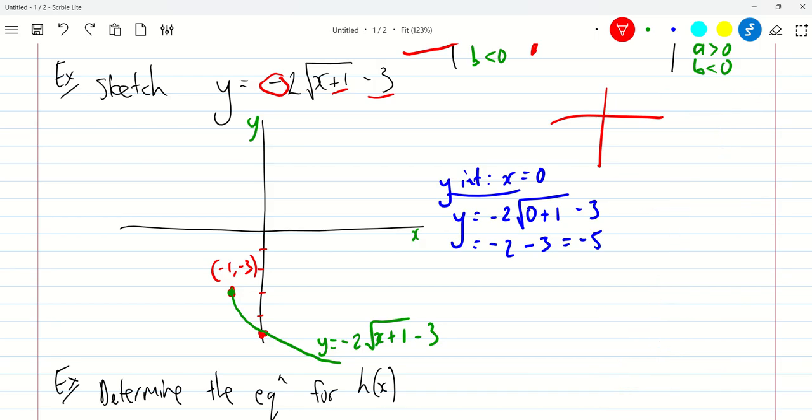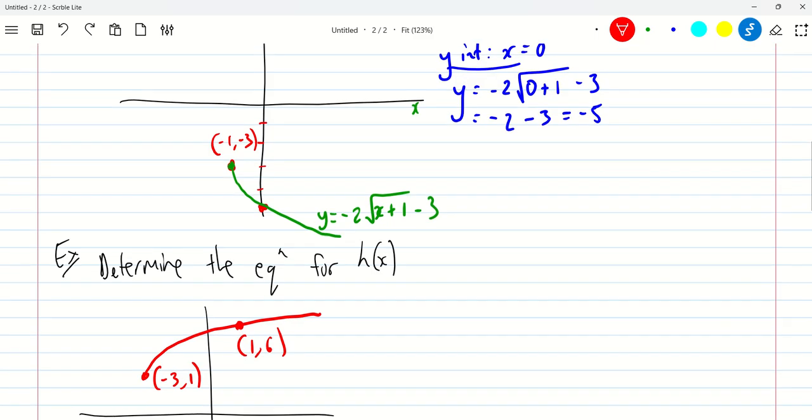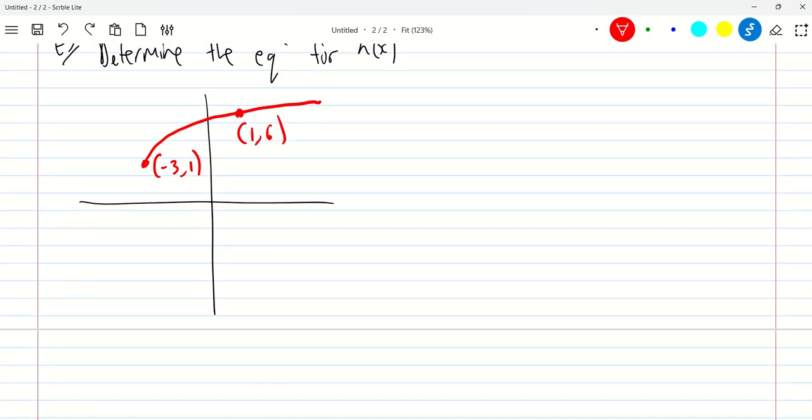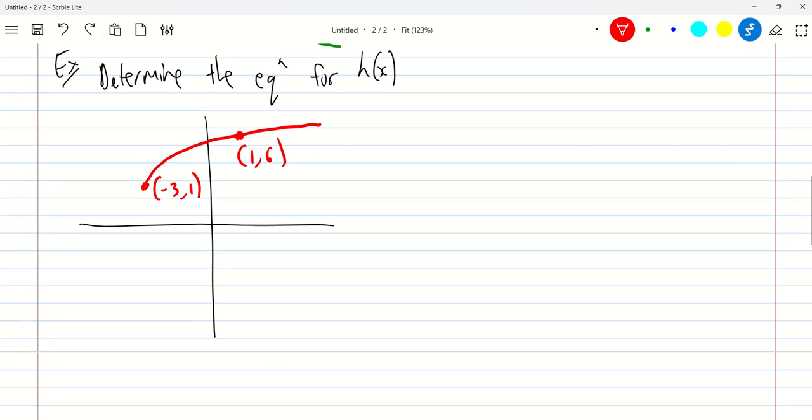All right, let's have a look at a determining question, as we always do. What is the equation of this graph? Just assuming it's a square root function. I didn't actually say that, but let's assume it is, otherwise it's a bit hard to tell. We see our starting point, the turning point, is there, and we've also got some other point on the line.